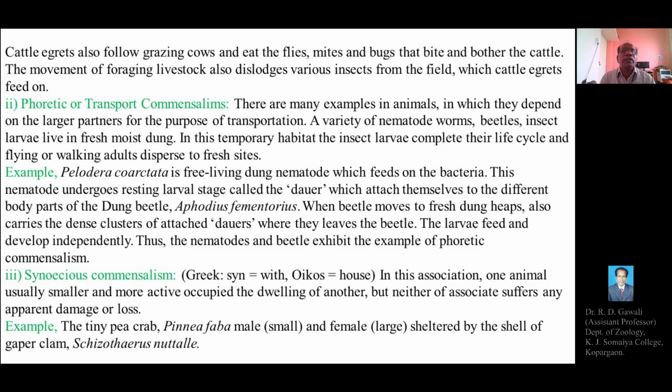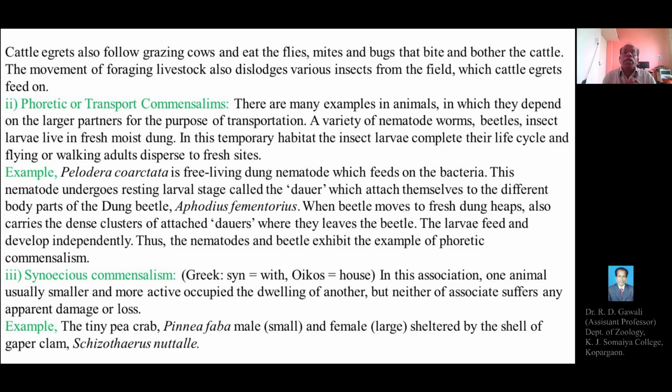Cattle egrets also follow grazing cows and eat the flies, mites and bugs that bite and bother the cattle. The movement of the foraging livestock, that is cows or cattle or horses, also dislodges various insects from the field which cattle egrets feed on.